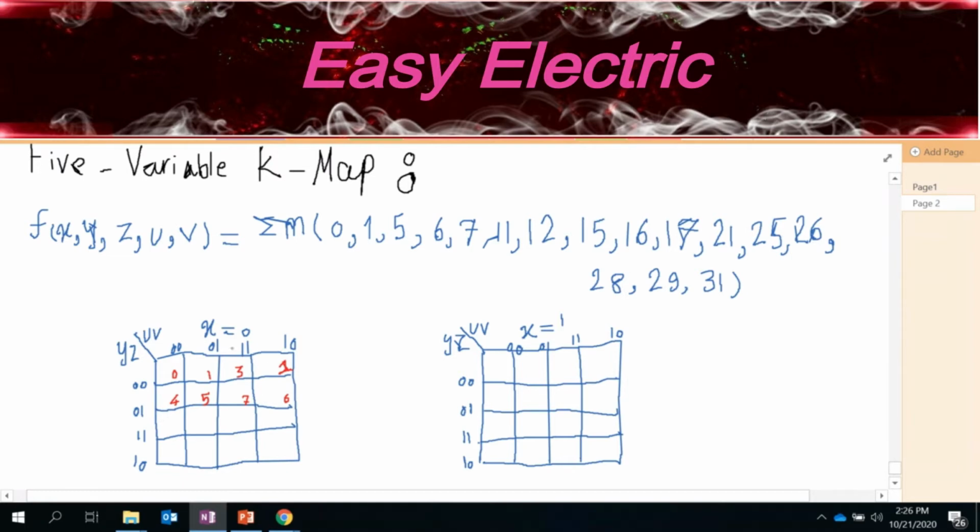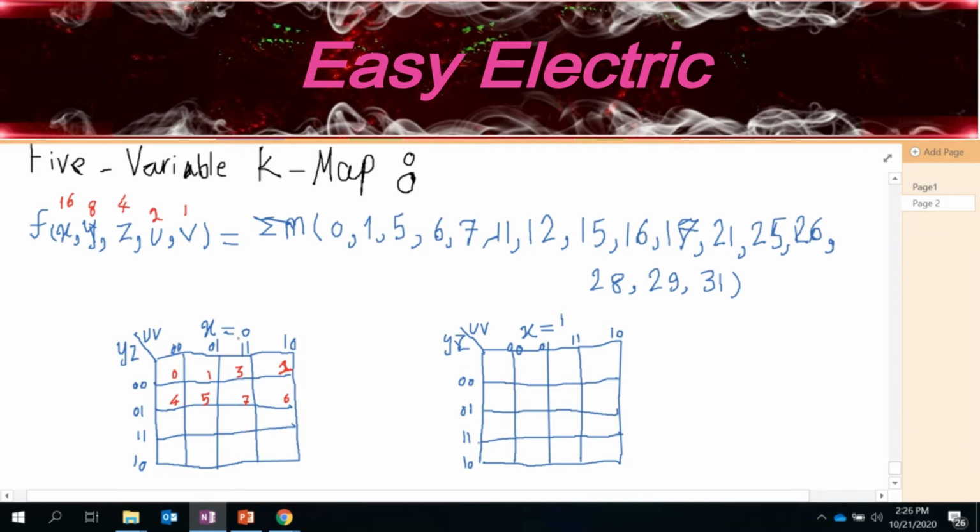So z and u. So consider this as 1, 2, 4, 8, 16, okay? So here you just have z on 1 and u. Z and u is 4 plus 2, you have 6, okay? In a similar way, yeah, definitely that's right.